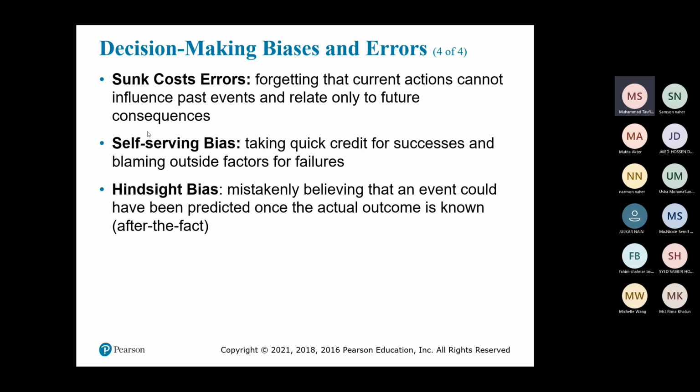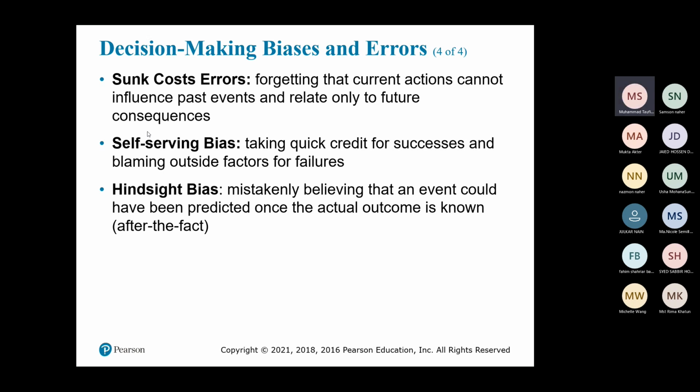Anything that already happened cannot be fixed anymore. You can only reflect and learn from the past mistake. So what you can do is make a better decision for your future. You have to remember that, and you cannot be fixated on past events. All right, so that is sunk cost error.